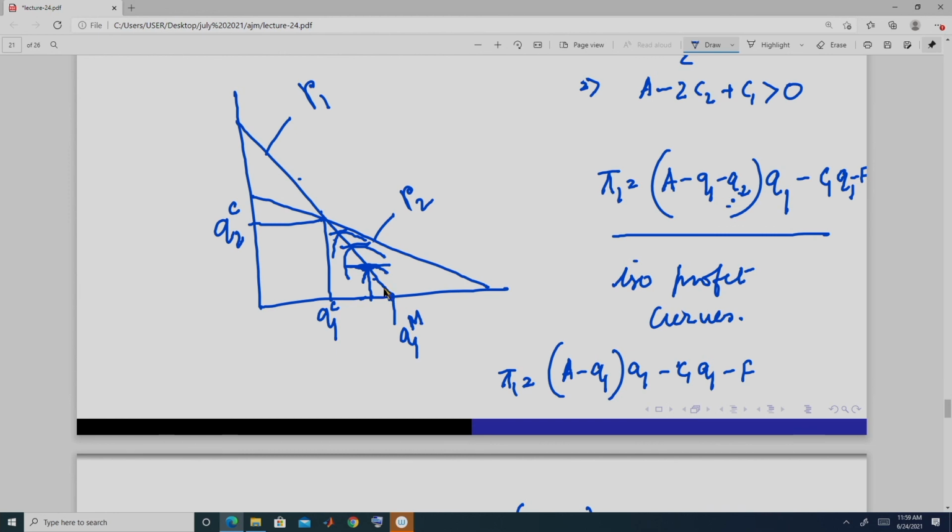So, as we move here, Q2 is increasing. That means this portion is decreasing, even if we keep this constant, what happens? Profit goes down.